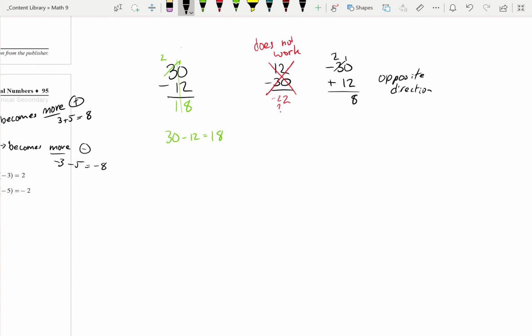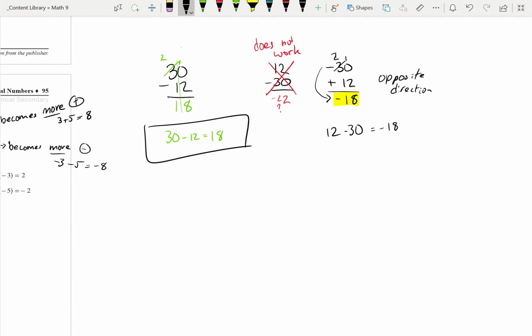Then I have negative 2 plus 1, I have minus 1. Or the key thing is that I'm bringing the number down here. And I get negative 18. So the opposite, 12 minus 30 is equal to negative 18.